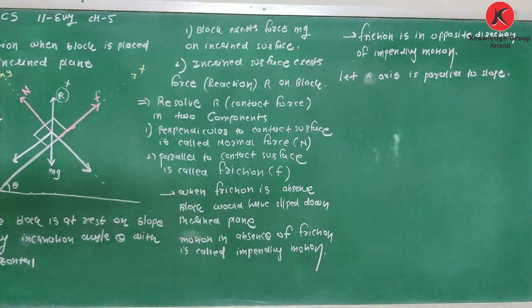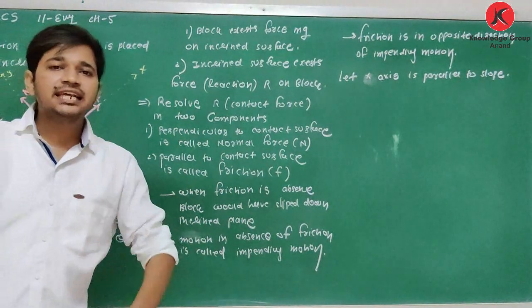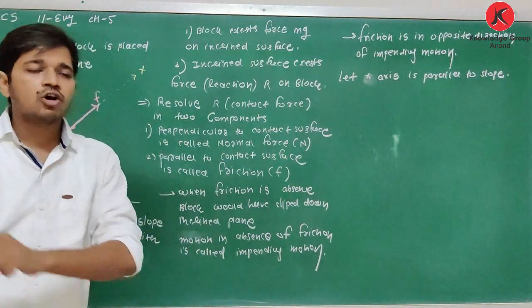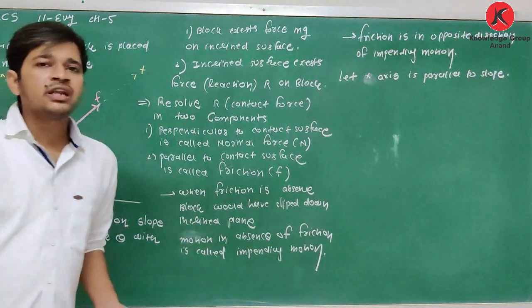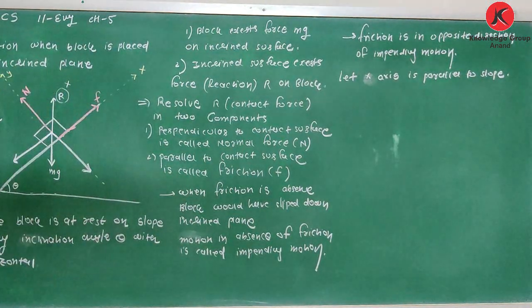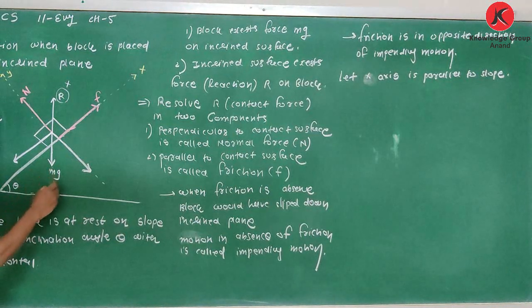Okay, so out of these three forces, that is mg, f and n, why is only mg resolved? Because this mg is not in the x direction or the y direction, so we have to resolve it. Now, to find components, we need the angle. See, this mg is in this direction.